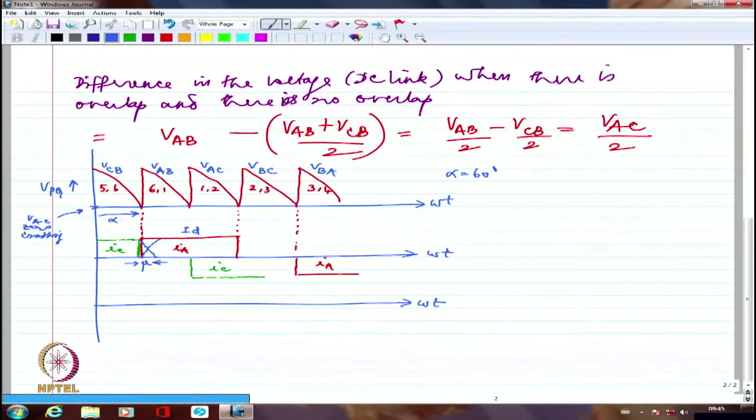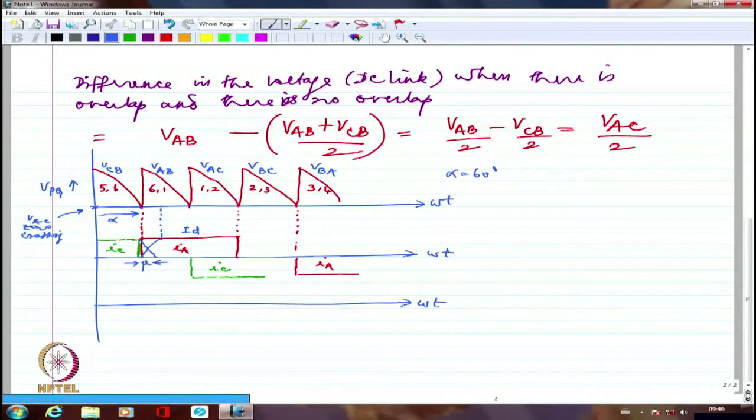Right? Now, if I try to look at what happens to the voltage until this alpha plus mu, I have to look at the voltage. The voltage is going to be the average of VCB and VAB for this interval alone, from alpha to alpha plus mu. This is VCB, so I should take VCB further as though it is coming down.